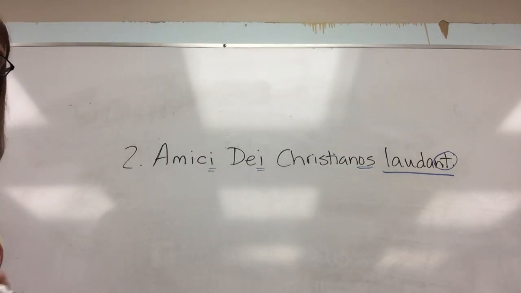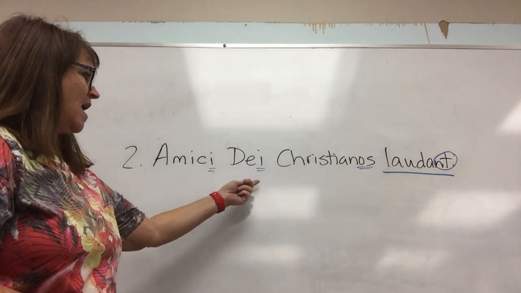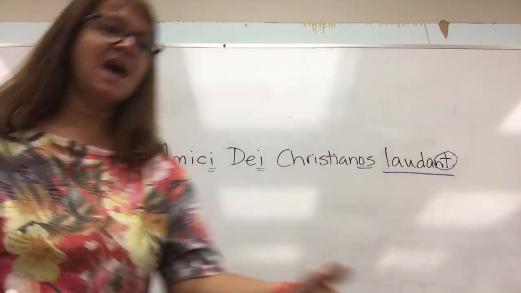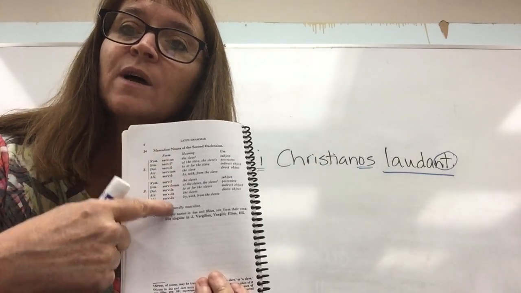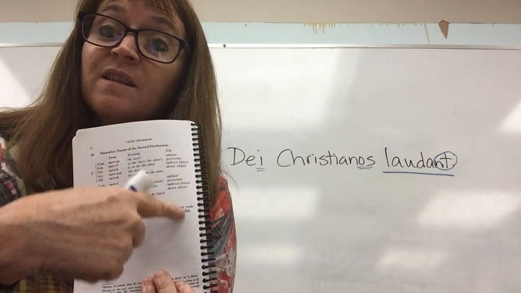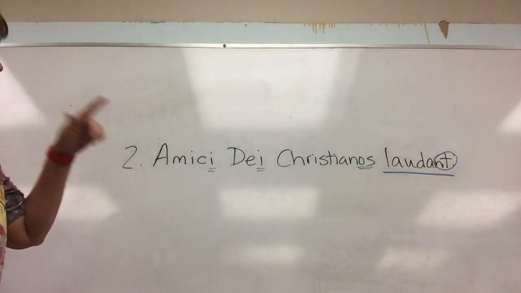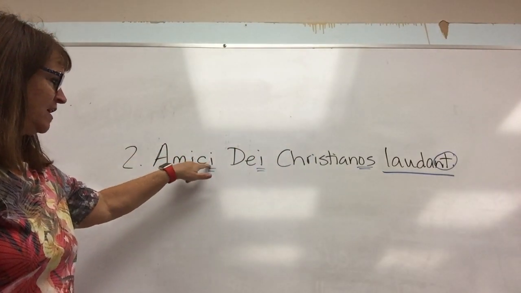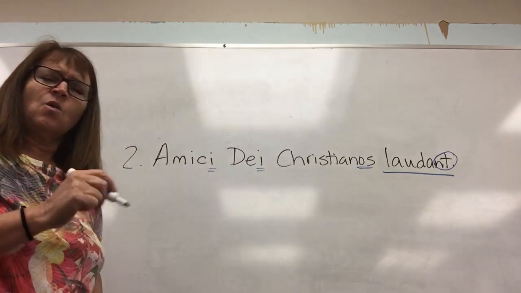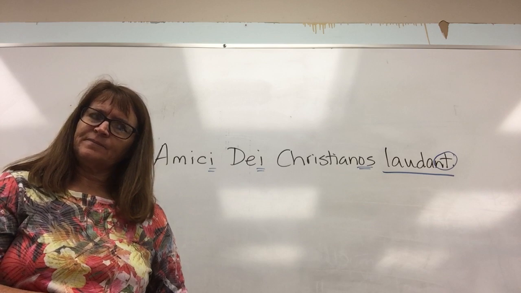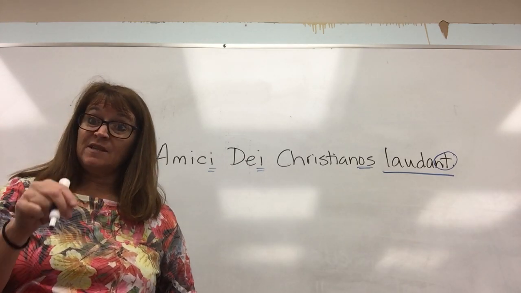So now, one of the things you can do is use that grammar book to help you look at, oh, I, os. Remember, you look at the endings and it will help you figure out what jobs, that they list the jobs over here in case you forget. So we can see by using that chart that amici and dei could both be nominative plural, okay? What's the other thing that it could be? If you look at that chart, okay? Right, it could be the genitive singular.